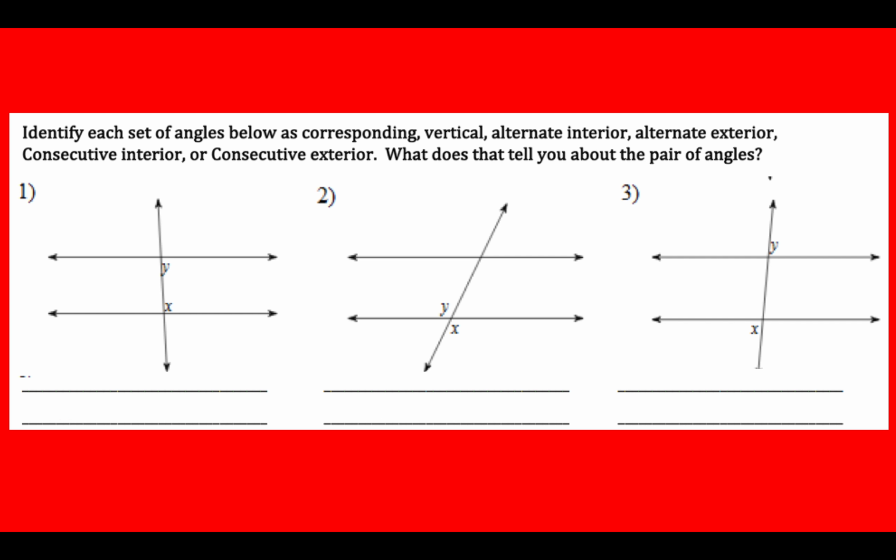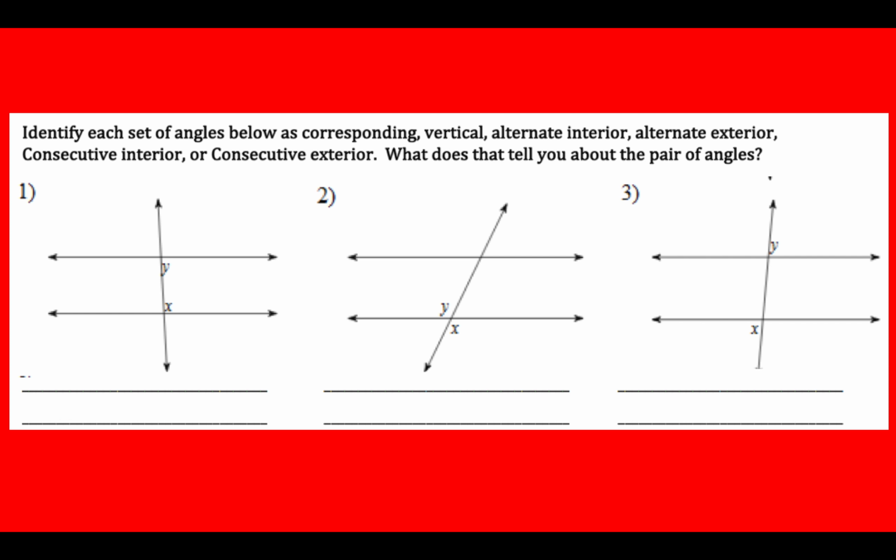Identify each set of angles below as corresponding, vertical, alternate interior, alternate exterior, consecutive interior, or consecutive exterior. What does that tell you about the pair of angles?